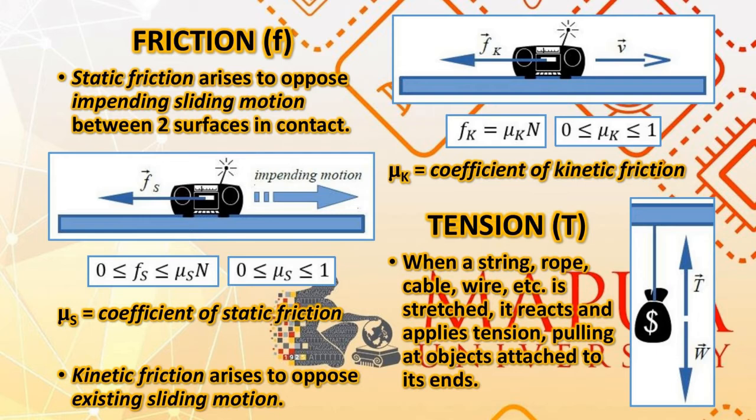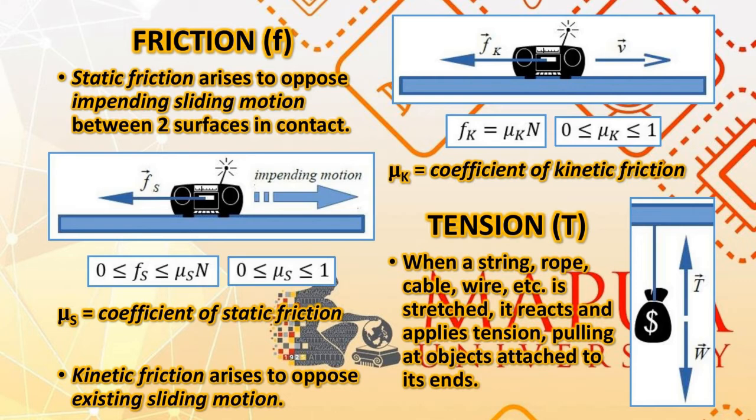First, we look at static friction. Static friction arises to oppose impending sliding motion between two surfaces that are in contact. So first, you need two surfaces that are in contact. For example, as you can see in the figure, you have an object placed on a horizontal surface.